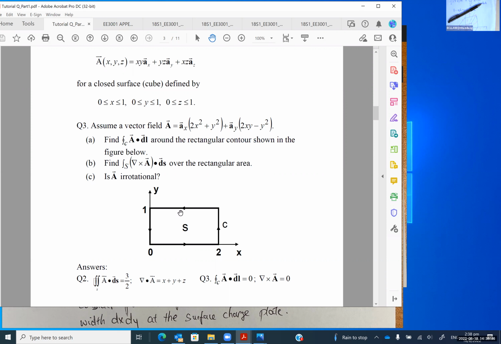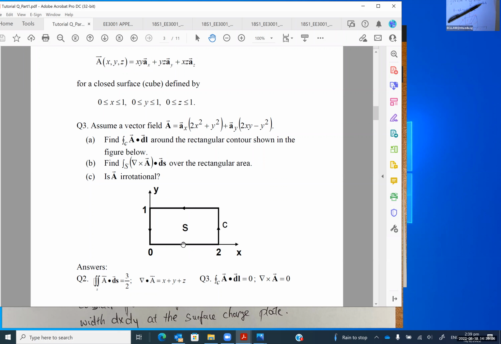And it's given that AX component is proportional to 2x squared plus y squared. AY component is proportional to 2xy minus y squared. So you want to show that the closed contour integration of that field A dot DL around this rectangle, right?